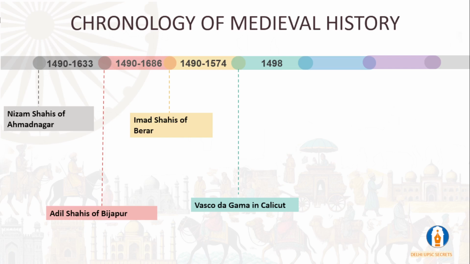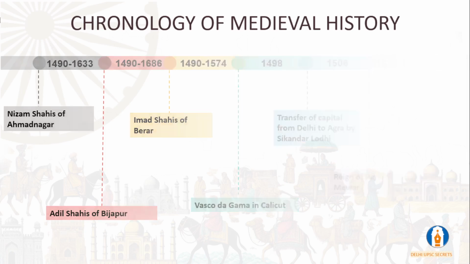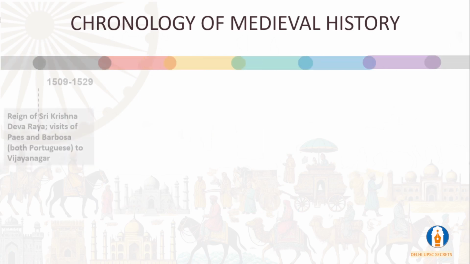So 1498, Vasco da Gama enters Calicut, and in 1506, the transfer of capital from Delhi to Agra happens by Sikandar Lodi. 1509 to 1526 is the reign of Rana Sanga in the Mewar region.